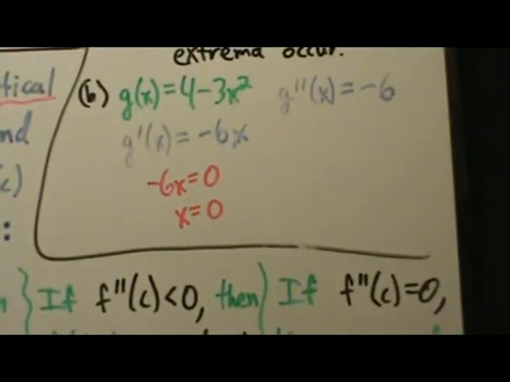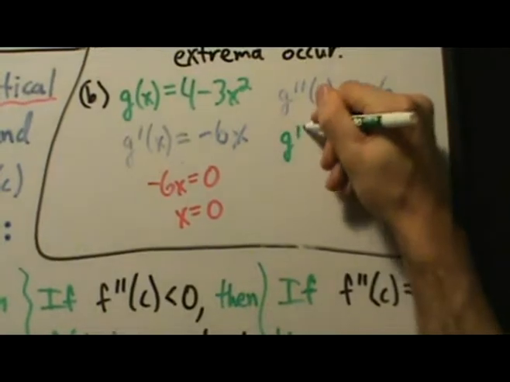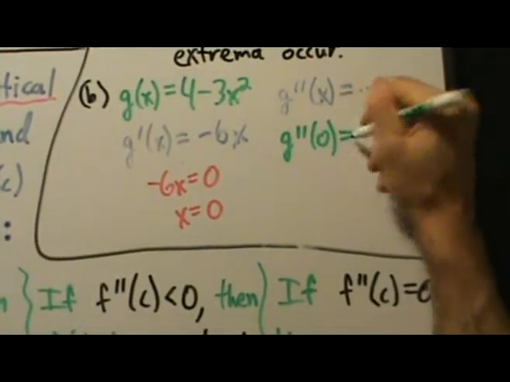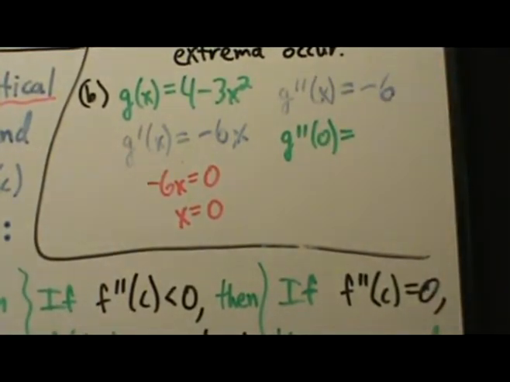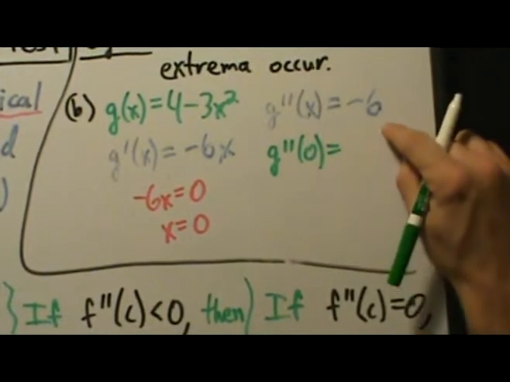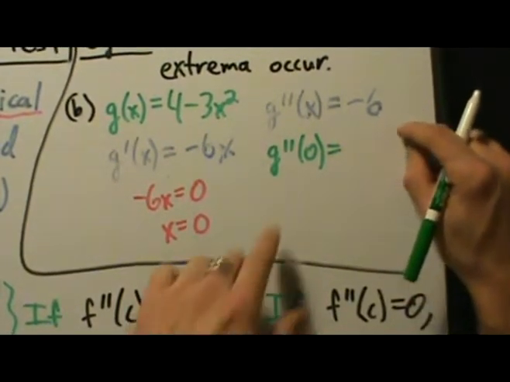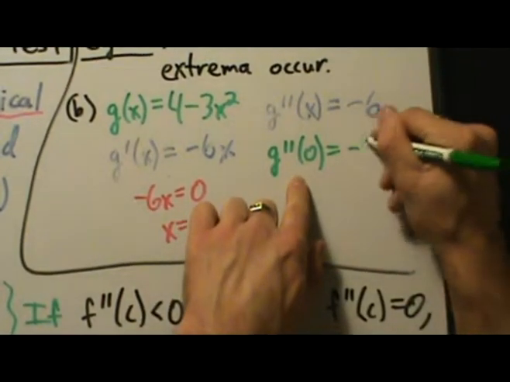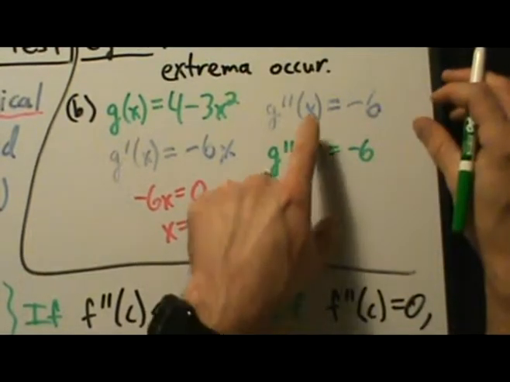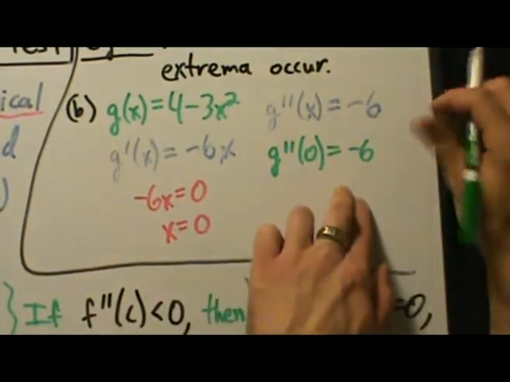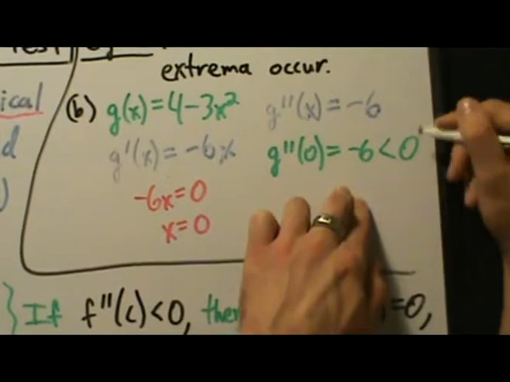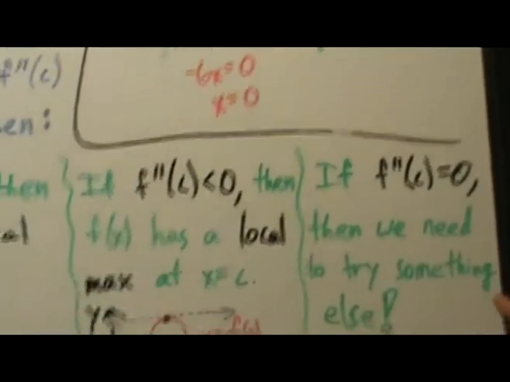So what we want to do then is evaluate g double prime of 0. Well, just like in part A, the second derivative is a constant, it's always negative 6. So g double prime of 0 is negative 6. No matter what x is, g double prime of x is always negative 6. And this is less than 0, so that corresponds to this part here.